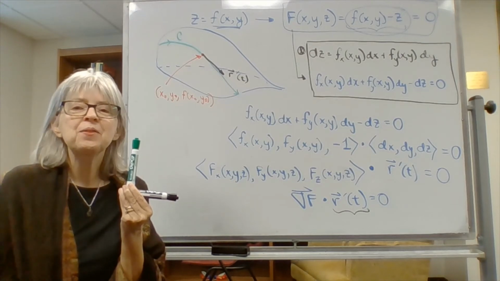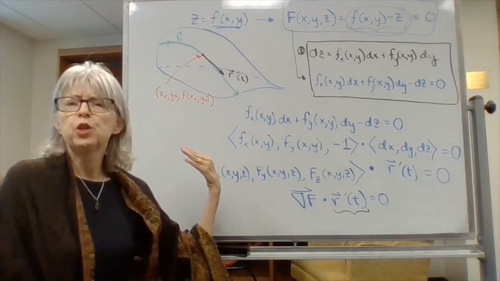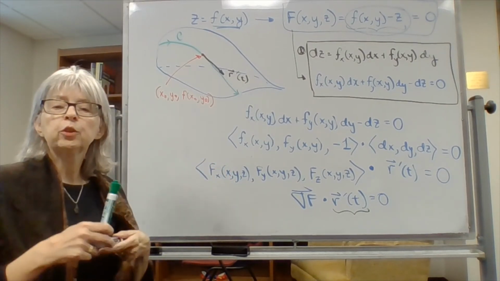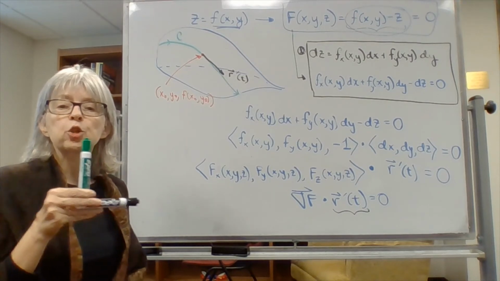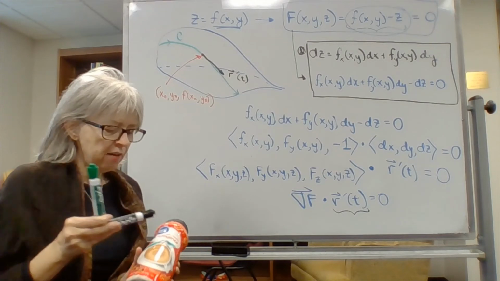So what have I learned? The gradient of this big F is orthogonal to my tangent vector, to the curve that I just mysteriously threw on this graph.